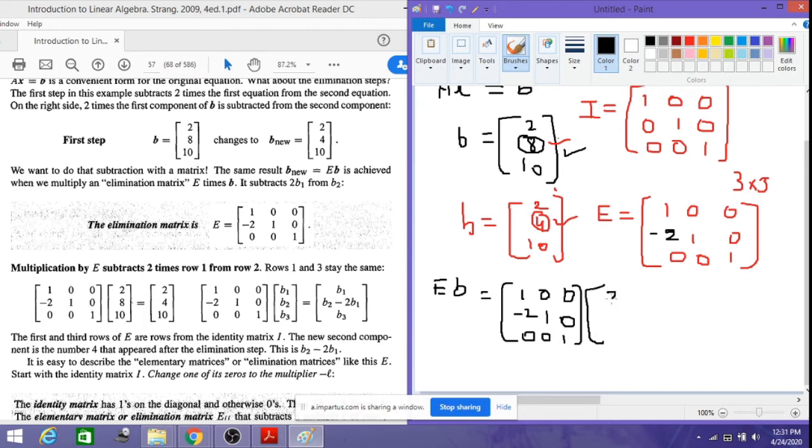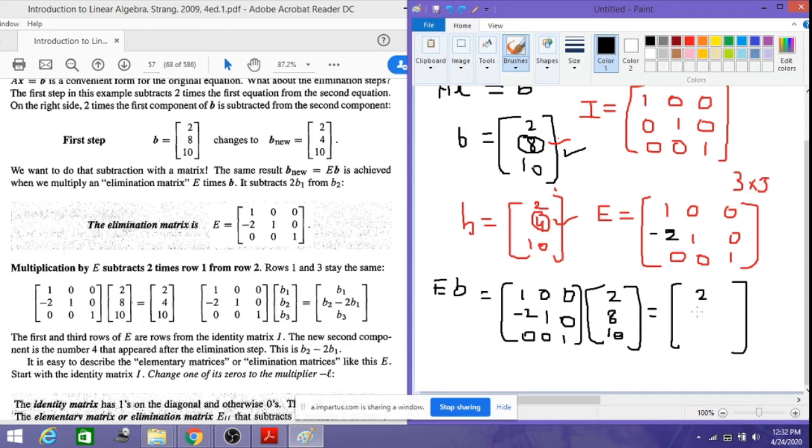Now let us multiply this with 2, 8 and 10. So what do we get here? What is our new matrix or new vector? So this is 2 I'll get. Then here I'll get, let me write a little bigger. So this is -2 plus 8. Sorry, it is not -2.